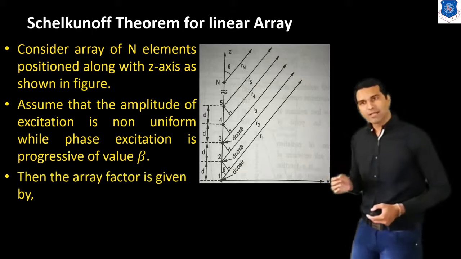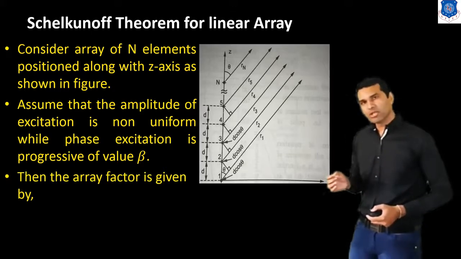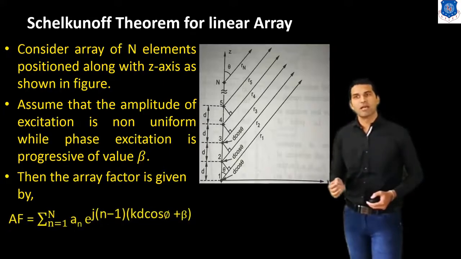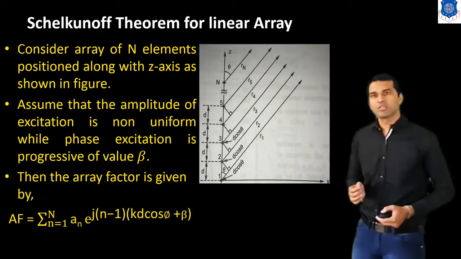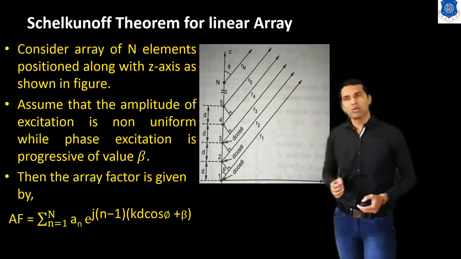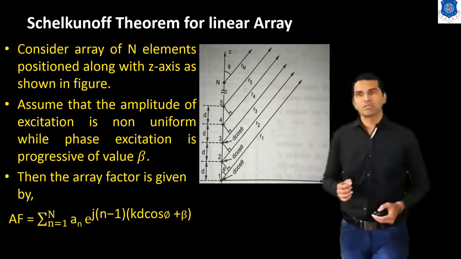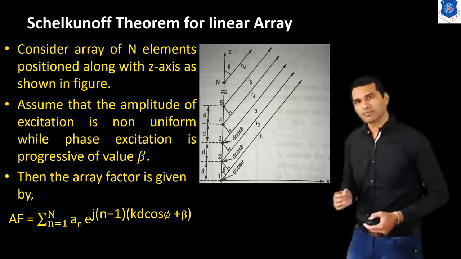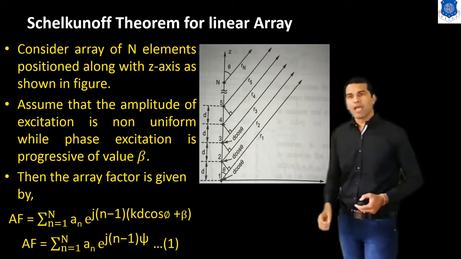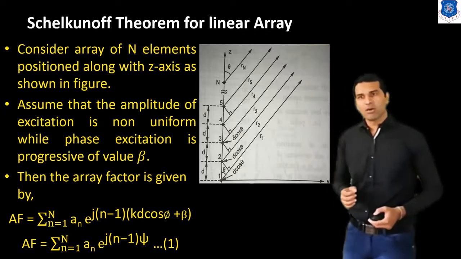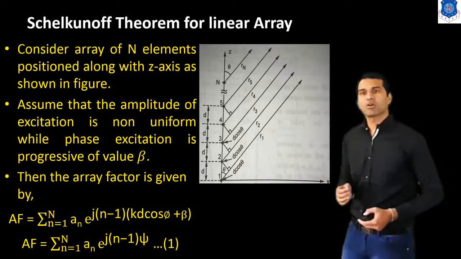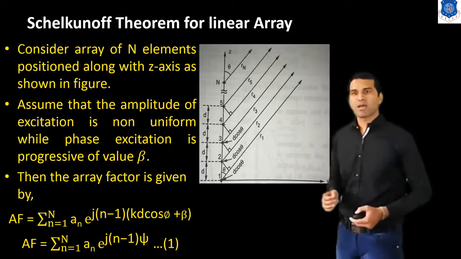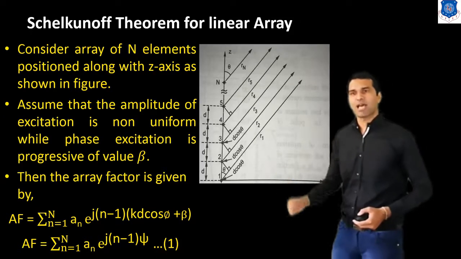Then the array factor is given by AF equals sigma n equals 1 to n, a_n e raised to j (n minus 1)(kd cos phi plus beta). We also know that kd cos phi plus beta is nothing but psi, so instead of kd cos phi plus beta, we write just psi.